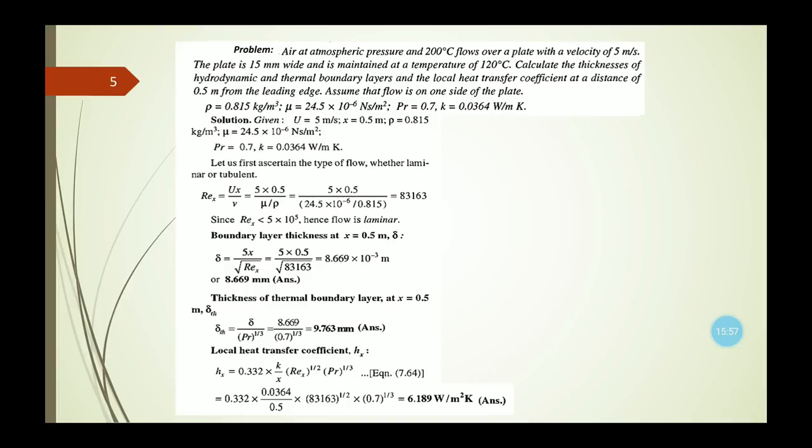This value is obviously lesser than the critical value of the Reynolds number, so this flow is laminar. For the hydrodynamic boundary layer thickness, the formula corresponding to the Blasius solution is 5x divided by root under Reynolds number. Putting in all the values, we get delta equals 8.669 millimeter.